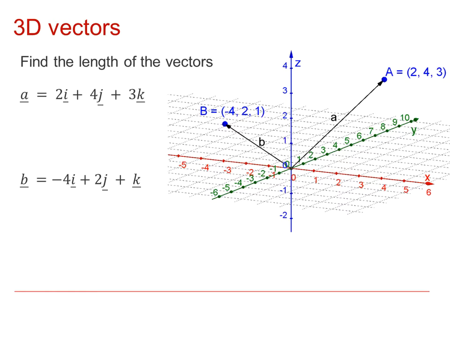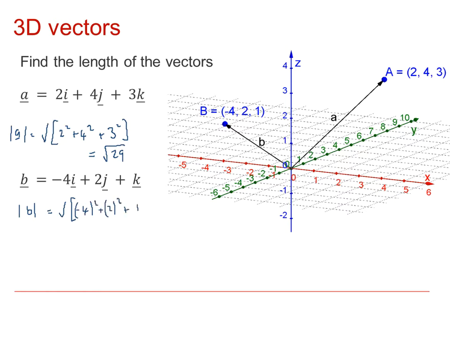As an example of that, we can see here that the modulus of a will be equal to the square root of 2 squared plus 4 squared plus 3 squared, and that gives us the square root of 29. And the modulus of b is equal to the square root of negative 4 squared plus 2 squared plus 1 squared, and that's equal to the square root of 21.